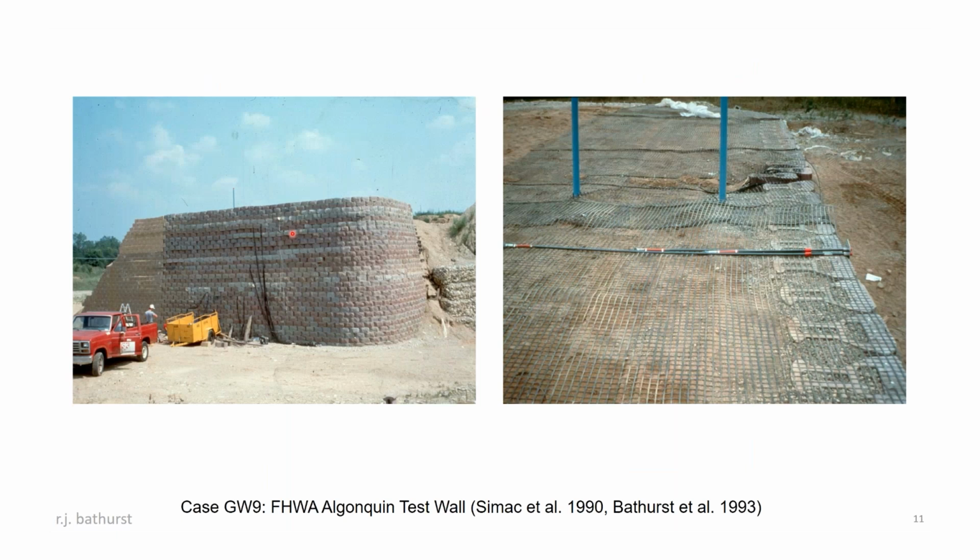This is one of the Federal Highway Administration test walls that were built in the late 80s, early 90s by the FHWA to examine the performance and the accuracy of design methods. So you can see it's about a 6-meter high wall, and you can see on the right-hand side, the wall is about half built. You can see the reinforcement, the facing, and some extensometer measurement points, and even some slope inclinometer casings.